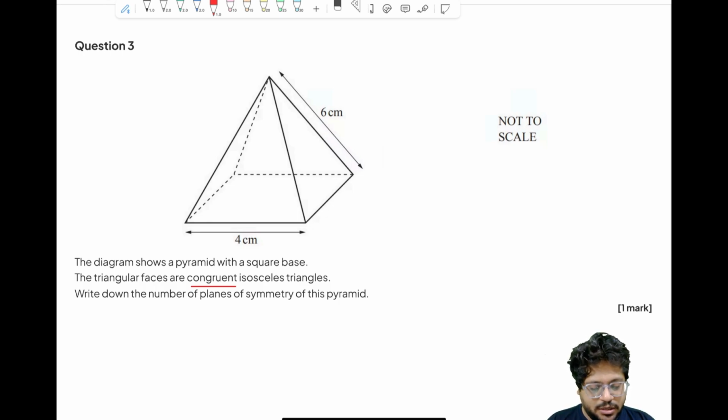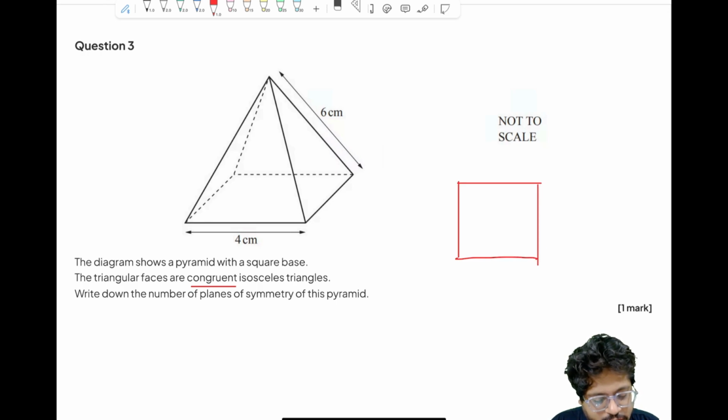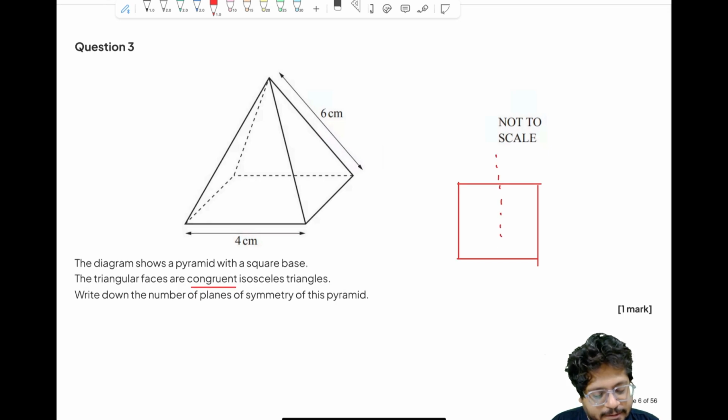If you just observe a square from the top, let's say this is a square which is the base of your pyramid, and it has this one line of symmetry. Then there is another line, so 2 lines of symmetry are there.